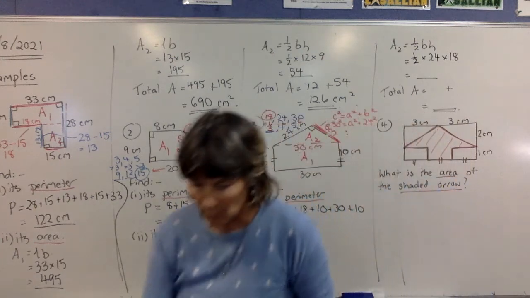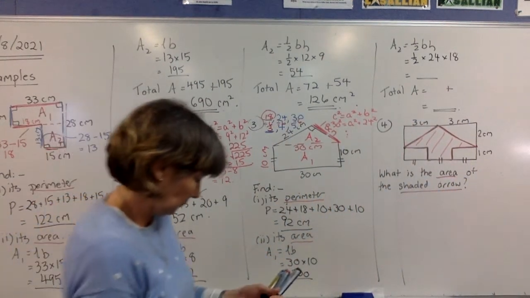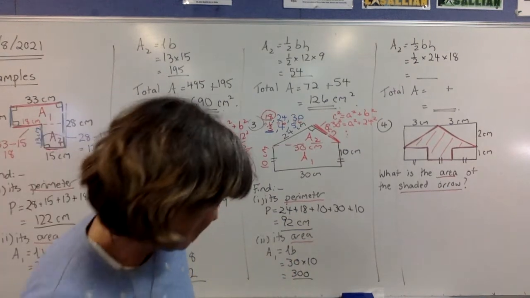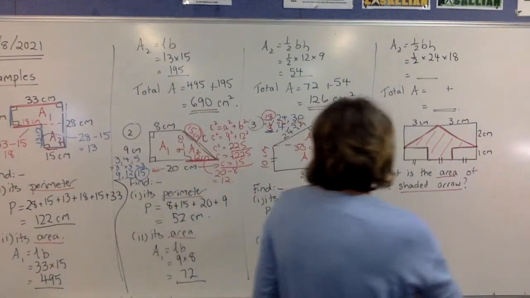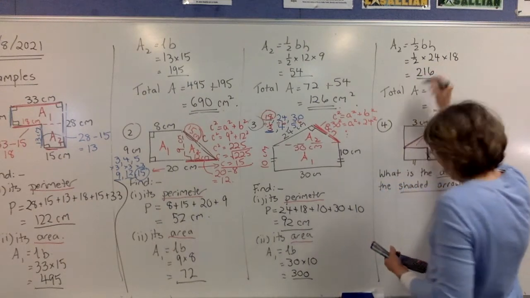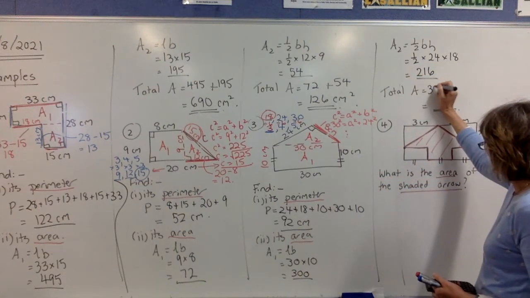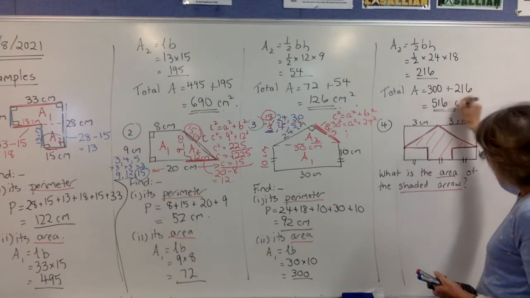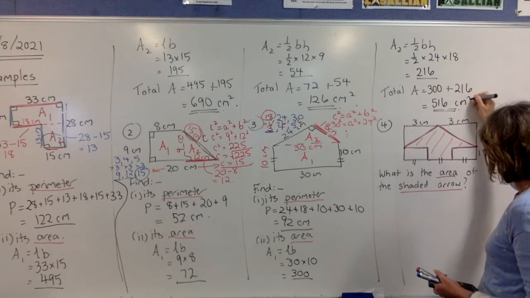Okay, let's just quickly work this out. And we end up with 216. And now we can total our two areas up. So we've got 300 plus 216, which is 516 centimetres squared.